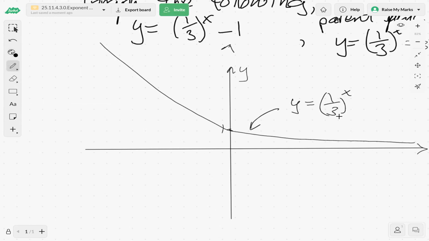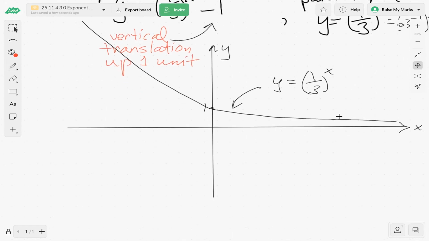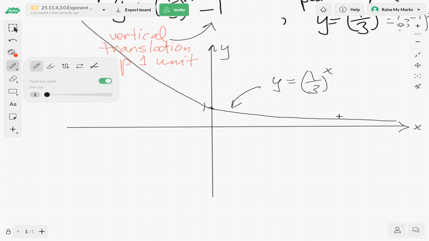This negative 1 is actually a vertical translation up 1 unit. That's what we need to do to our parent function. We need to raise everything up 1 unit.